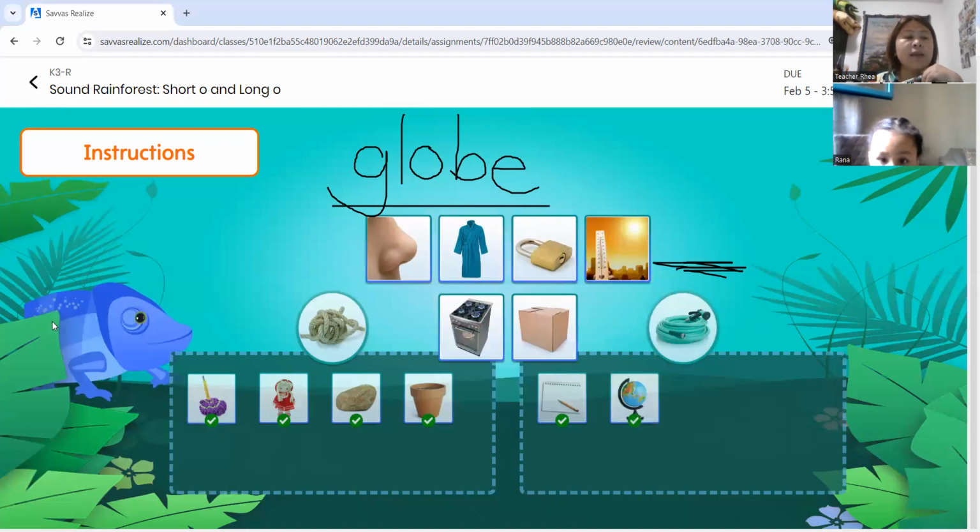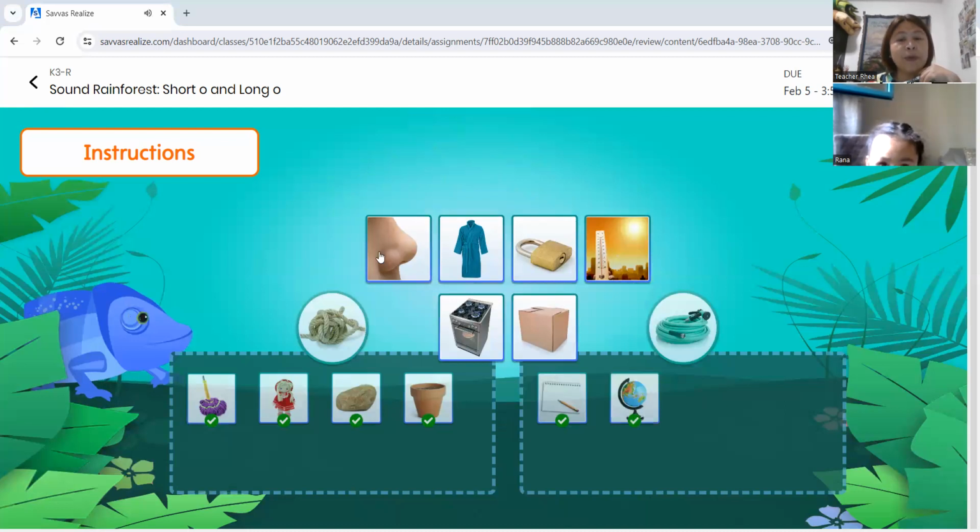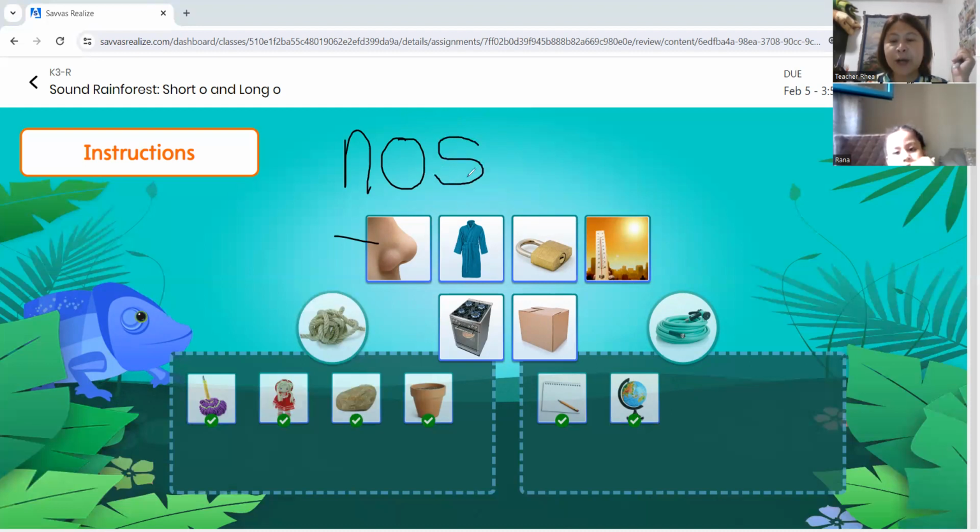Next, what is this picture, Rana? This is a nose. So can you spell nose? How do you spell nose? N, O, S, and the last letter, E. Good job, Rana.